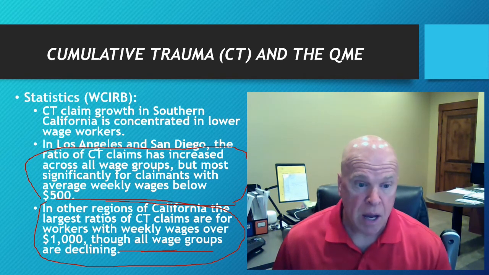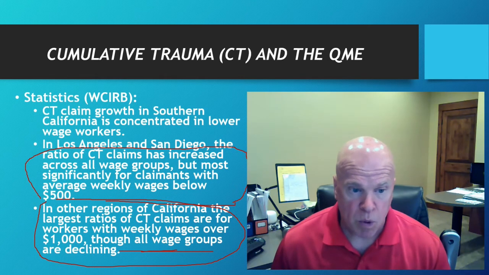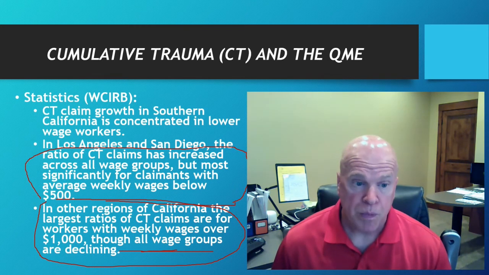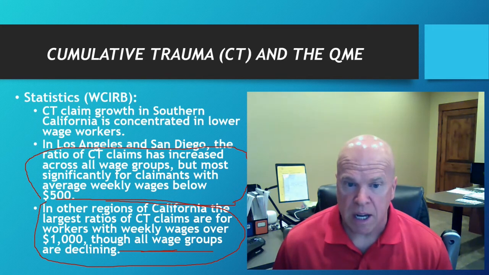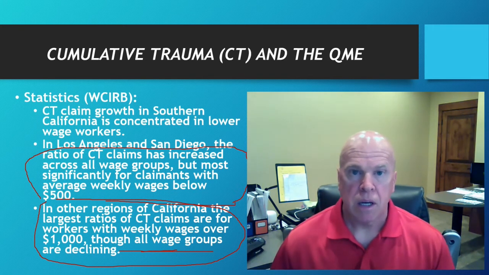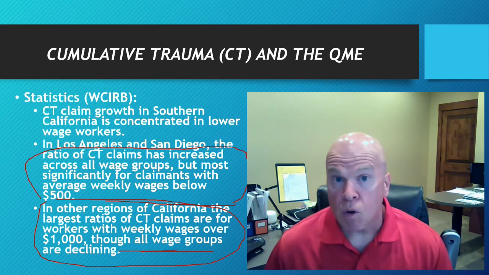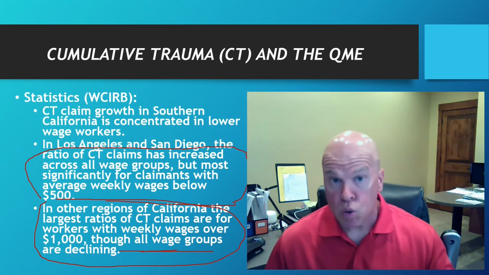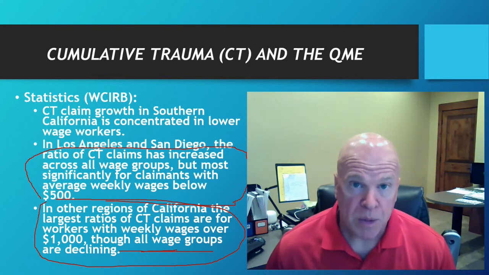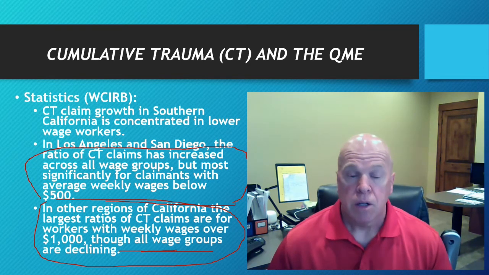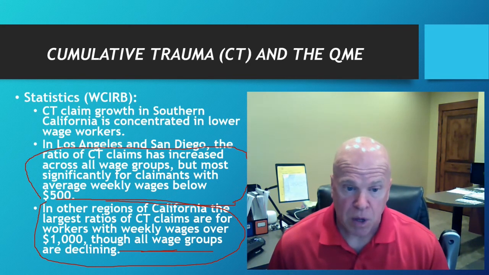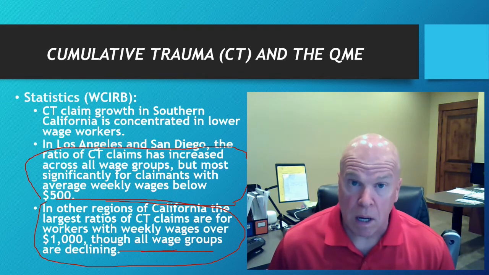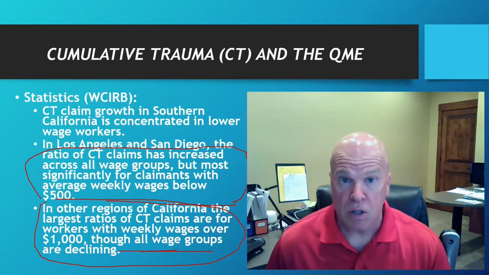So you might say this represents the white collar workers, whereas in Los Angeles and San Diego counties, we're sitting across from examinees in the face-to-face evaluation who are more what we would call blue collar types of workers. Now in Northern California, we're most likely going to be seeing a white collar worker for a cumulative trauma injury claim.